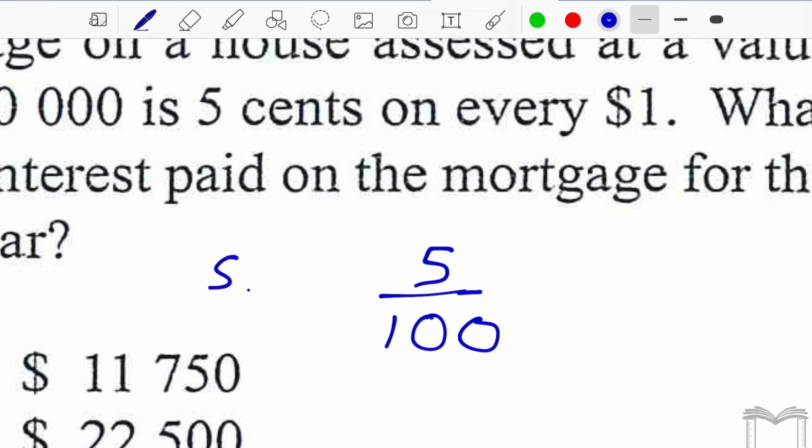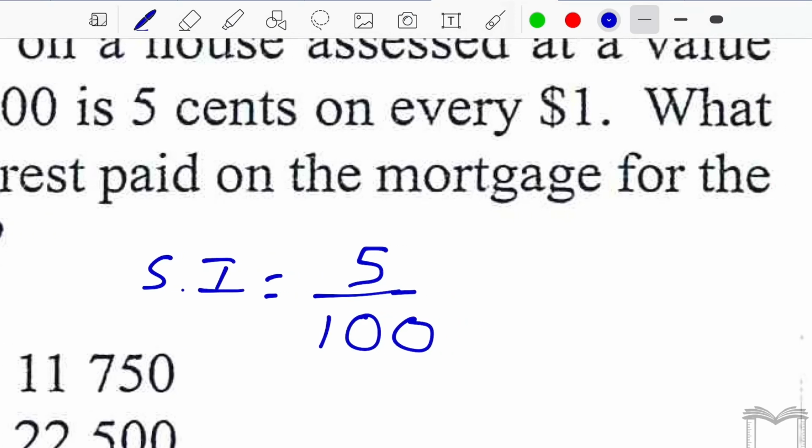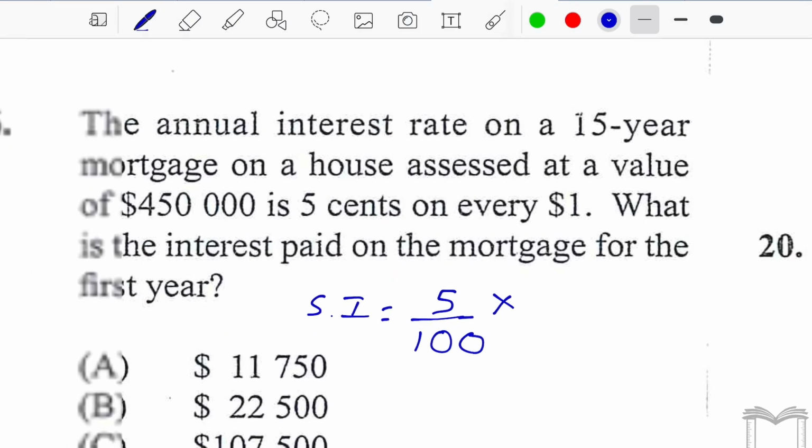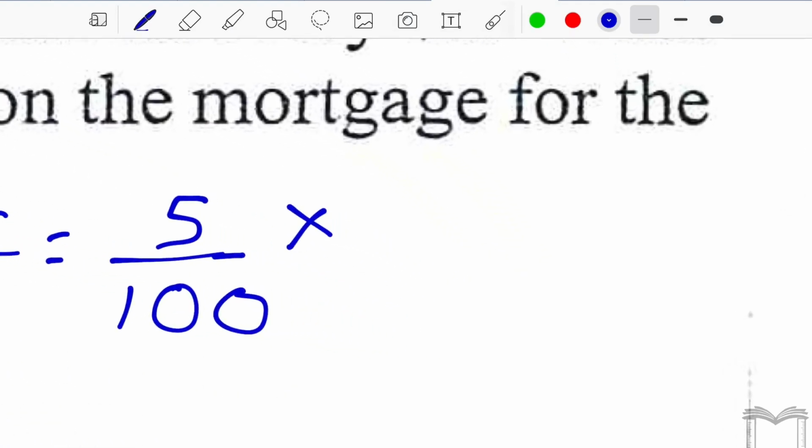So the interest, we'll use simple interest, is equal to that 5 over 100, that will count as the interest rate. So it is the principal by interest rate by time. So the principal is 450,000, and they're asking for the first year, so that's 1 year.